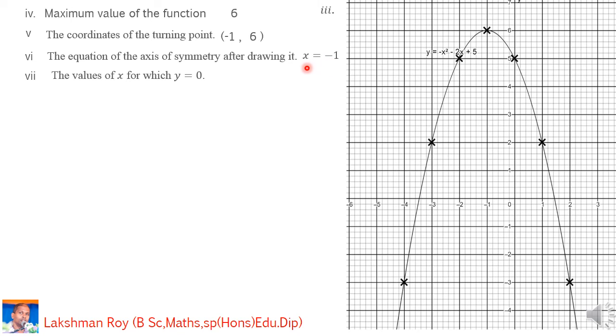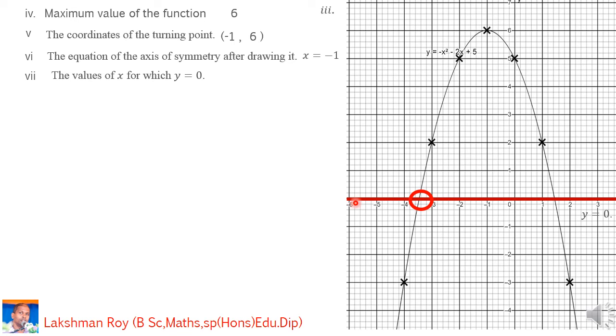Next one, Roman number 7: the values of x for which y is equal to 0. Be careful, y is equal to 0, so draw the line y equals 0. This is the y equals 0 line. If you draw this line, you can see the graph intersects at 2 points.